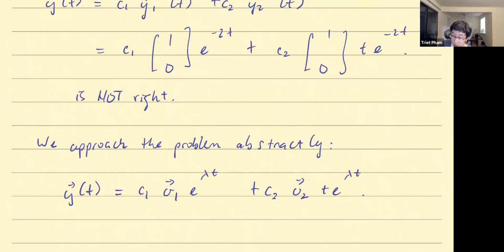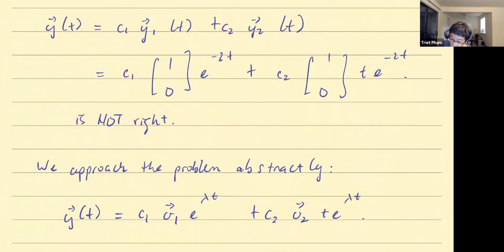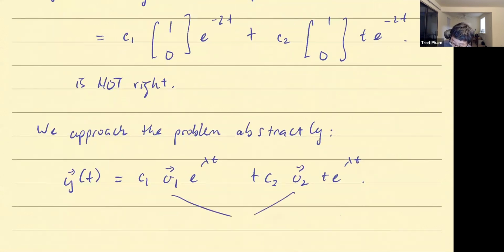Now, where does this come from? This comes from the motivation that you multiply with the t, you obtain the second solution. But the difference is you hope that v1 and v2 will be different somehow in the abstract formulation. It's the same lambda, because it's a repeated eigenvalue. You hope that somehow this will be different, okay?